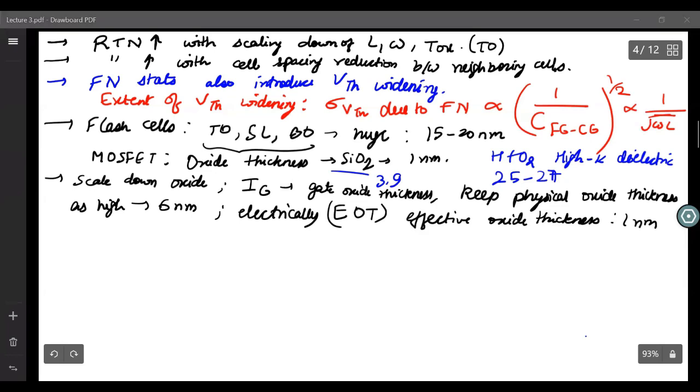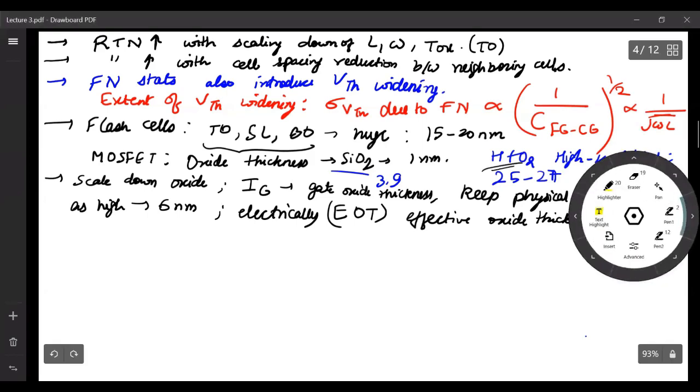As I told you, this gate current depends significantly on the physical gate oxide thickness, because the tunneling barrier is defined by the physical thickness, right? However, electrically, you can keep the gate control close to that level just by using a high-K dielectric. So what exactly is this EOT?